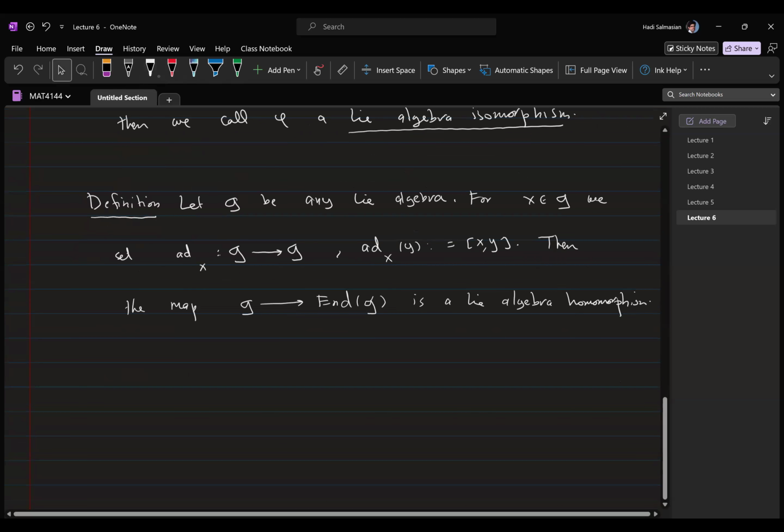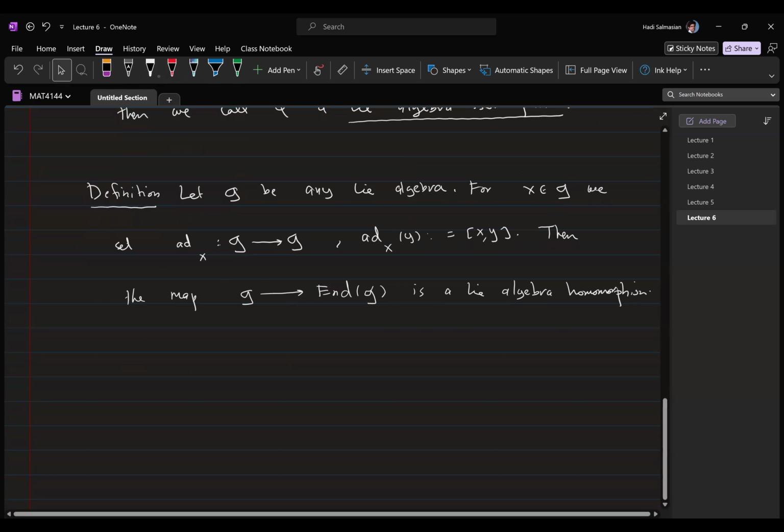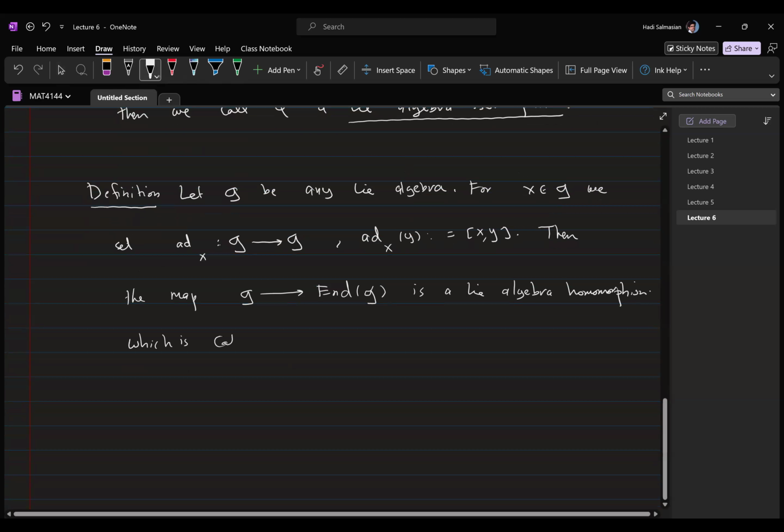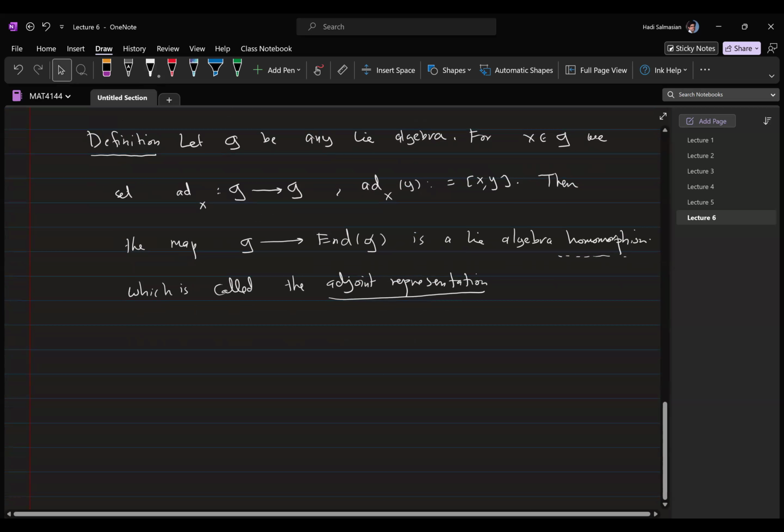Let's verify that. Which is called the adjoint homomorphism, the adjoint representation. This requires a verification that we have a homomorphism. So that's basically the subject of the next proposition, okay?